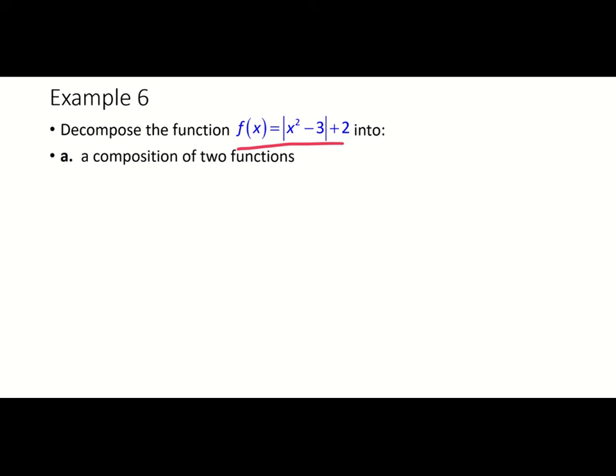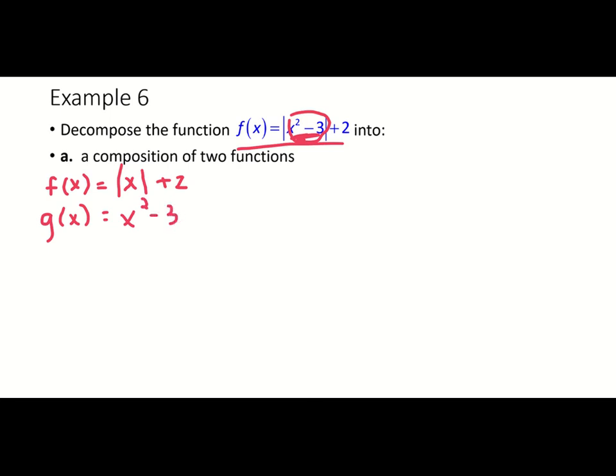What I would do is this problem right here within the absolute value, my first function, I'm going to say f of x, doesn't really matter what you call it, but I'm going to make that my x, so the absolute value of x, and then keep the plus 2. And then, if you do a composition, I'm going to make g of x like you would plug in. So I'm going to make it x squared minus 3.